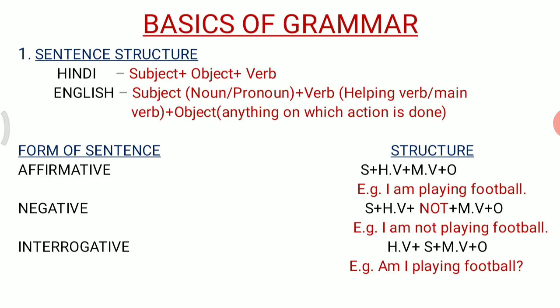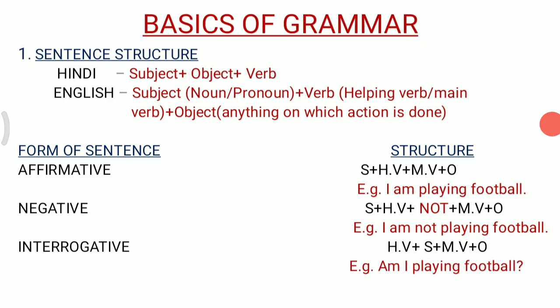Now, helping verb is something which is going to help the action, the main verb, the action word, to make the sentence meaningful. And then we have object. Now, object is anything on which action is done. I hope your knowledge of subject, verb, and object is clear.